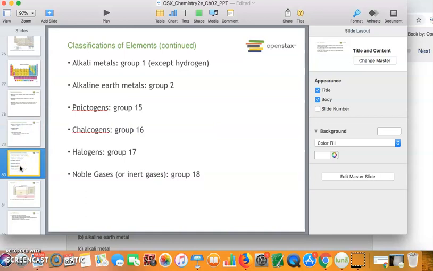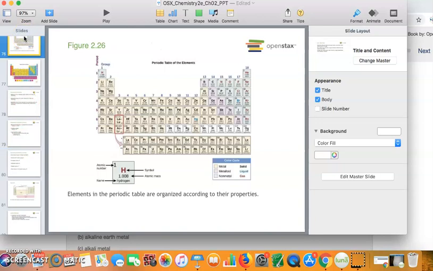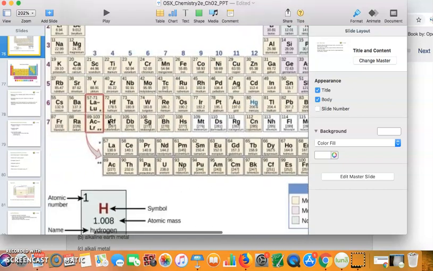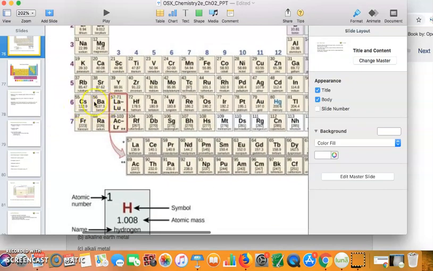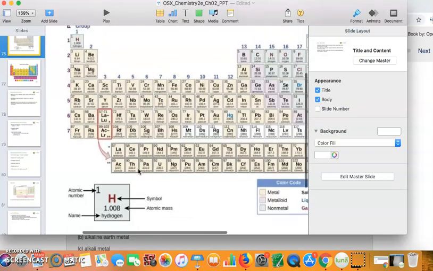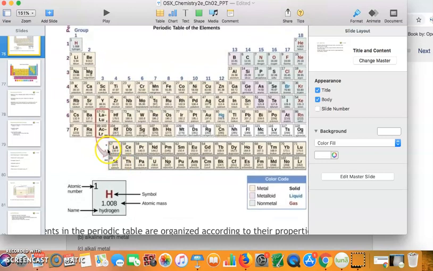All right, so let me go back to talking about inner transition metals, because here we can see, if you follow the atomic number, you start out with 1, and then 2, and then 3 and 4, and you keep going from left to right, 11, 12, 13 through 18. We keep going down. All right, 55, 56. And then it says 57 to 71. So 57 starts here, the first lanthanide.